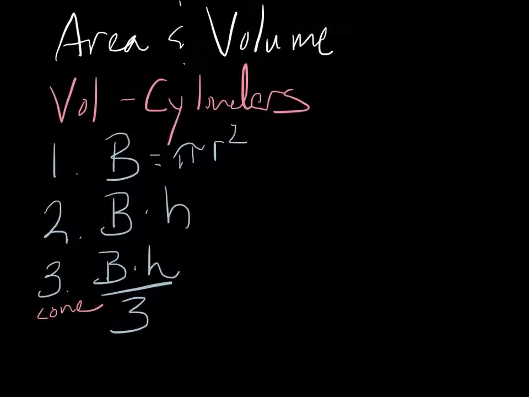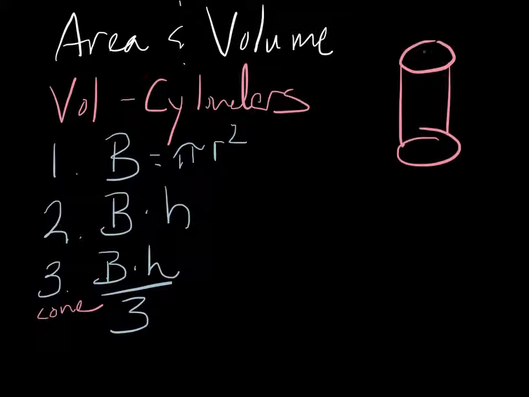Again, with cylinders, you're going to have a little bit of a different situation. For instance, if you have a cylinder that looks like this, it has a radius of 10 and a height of 15. Your length times width is actually your big B, which is pi r squared, or 3.14 times 10 times 10.